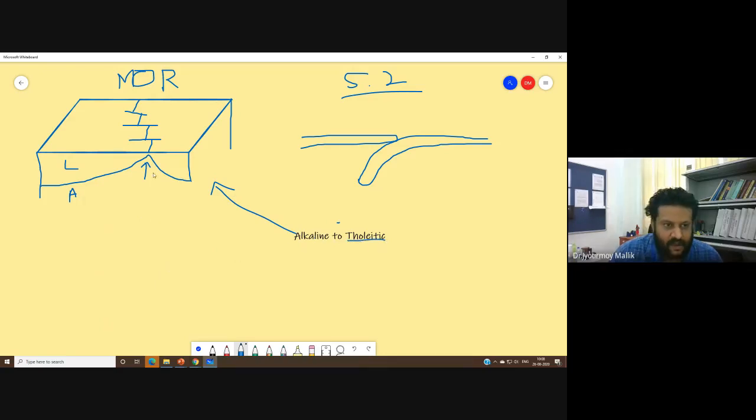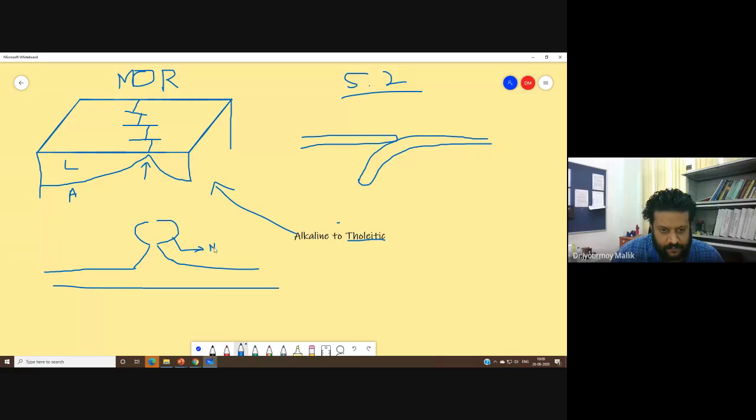And what happens often is, suppose I have the asthenosphere, the magma rises, and then I could have an intermediate magma chamber. In this magma chamber, some part of the olivine crystal comes out from the magma.